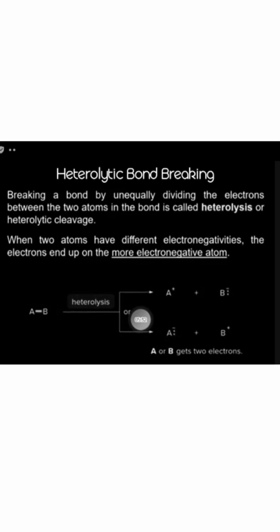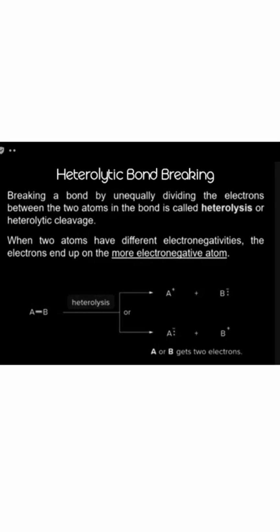Then the first species or second species will be more electronegative than the other. This is heterolytic bond breaking, where one substance will get more charge and the other will get less charge.